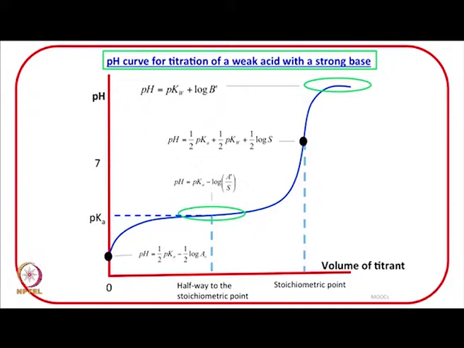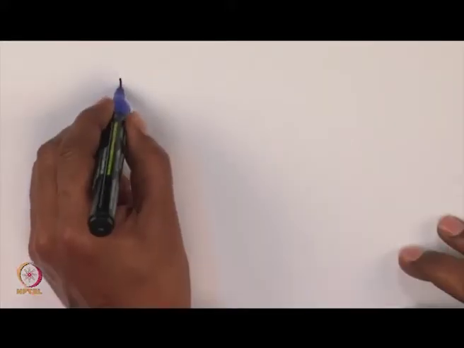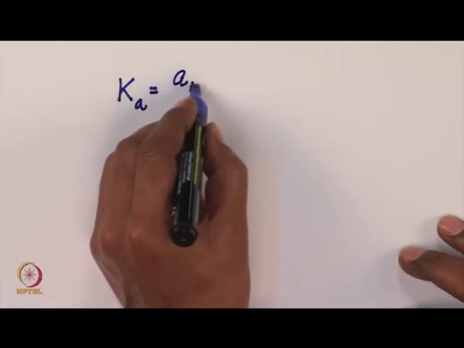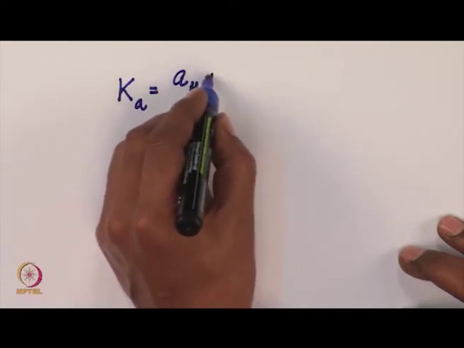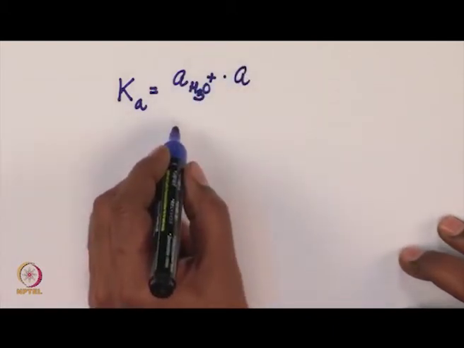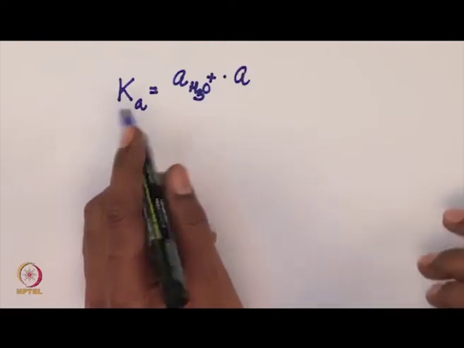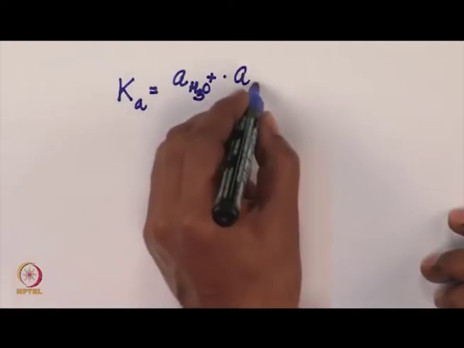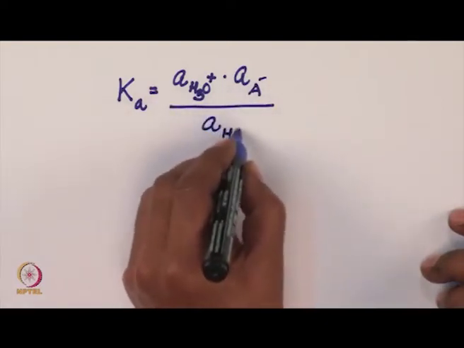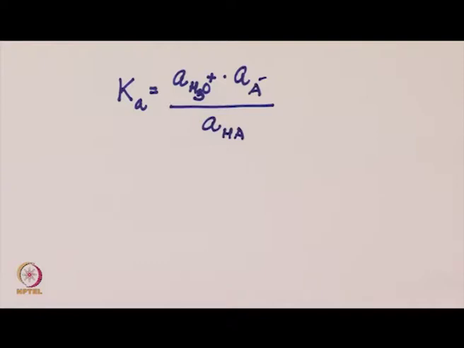And since we are talking about a weak acid, I will write the acidity constant as the activity of H3O plus times the activity of A minus divided by the activity of HA. That is how we write the ionization constant or acidity constant for a weak acid.